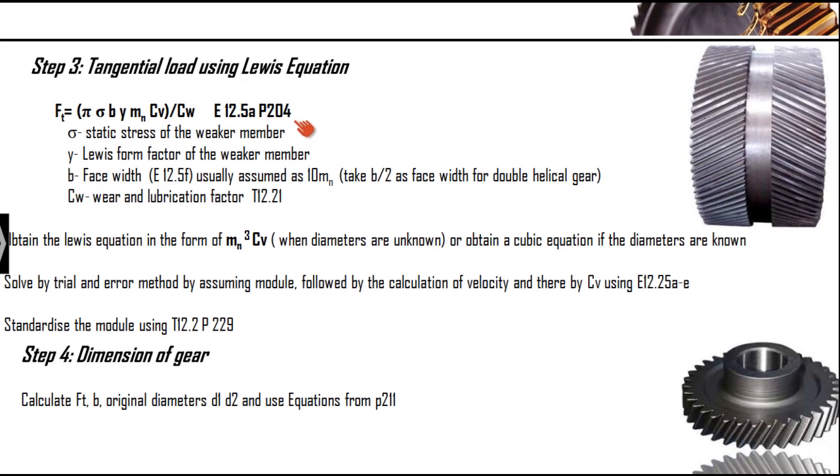And finally the tangential load using the Lewis equation: pi sigma by Mn, Cv divided by Cw. The only new term which comes here is Cw, the wear and lubrication factor from table 12.21, and b we are going to assume as 10 Mn. Usually 10 Mn can be adopted, or it can be 12.5 or 13 Mn. All these are acceptable values, but for the sake of simplicity we are going to take 10 Mn.